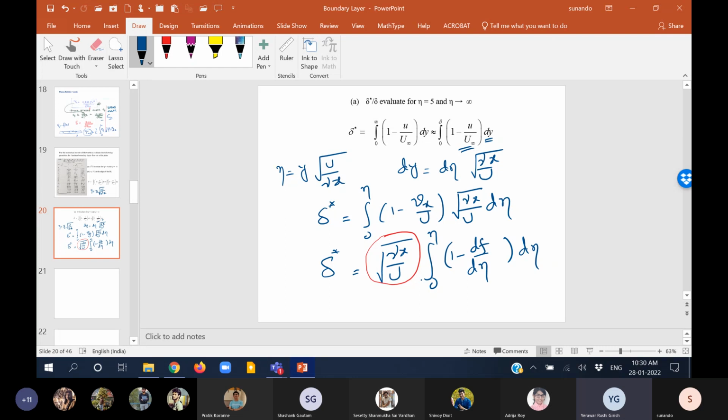So root over axial Reynolds number is in those terms, and therefore we can convert it to delta.